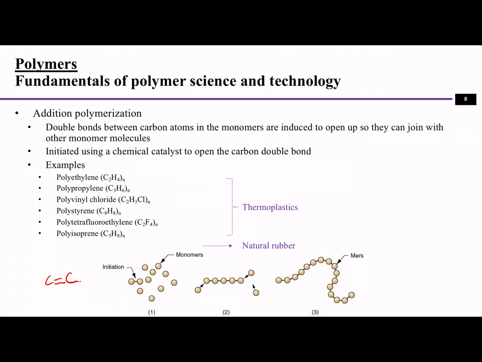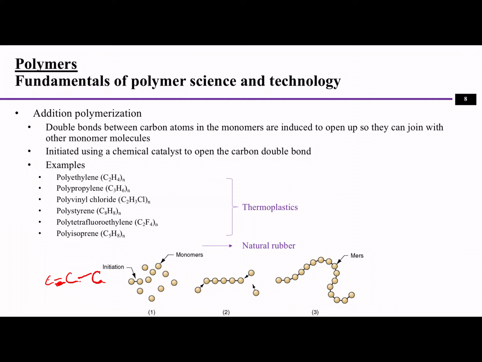In order to add a new structure on it, first the carbon bond needs to be opened, and then another carbon structure is formed on it. This is how you add another structure, so this is called addition polymerization.